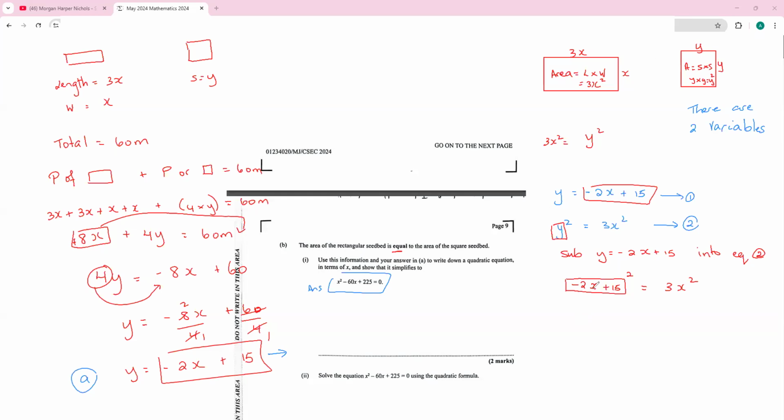Right, so we end up with this expression. All of this is being squared, so I'm putting it into brackets. Is equal to 3x squared. So it means that everything inside of this bracket will be squared. Now, this means negative 2x plus 15 will be multiplied by itself, which is negative 2x plus 15.